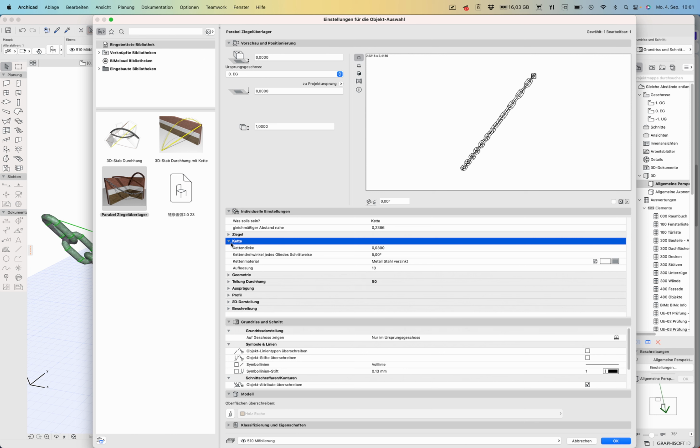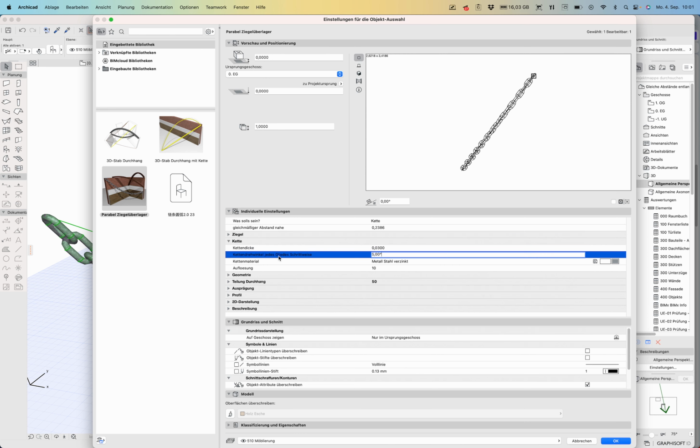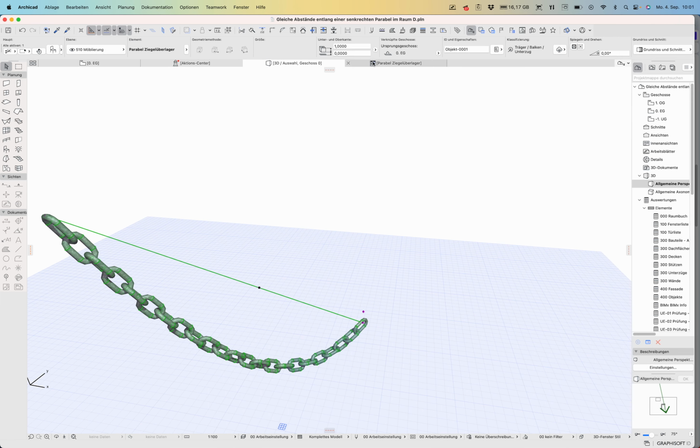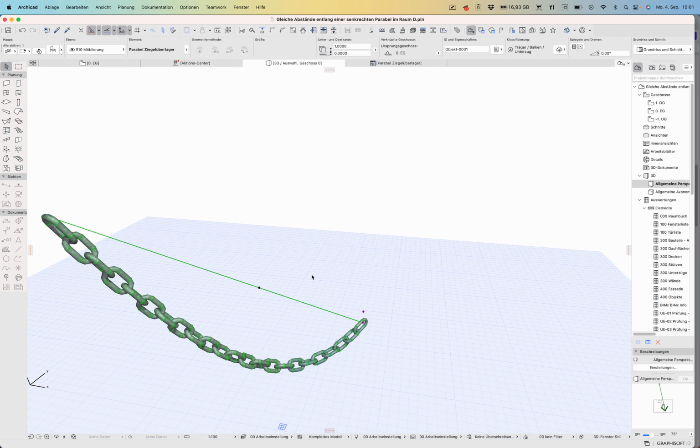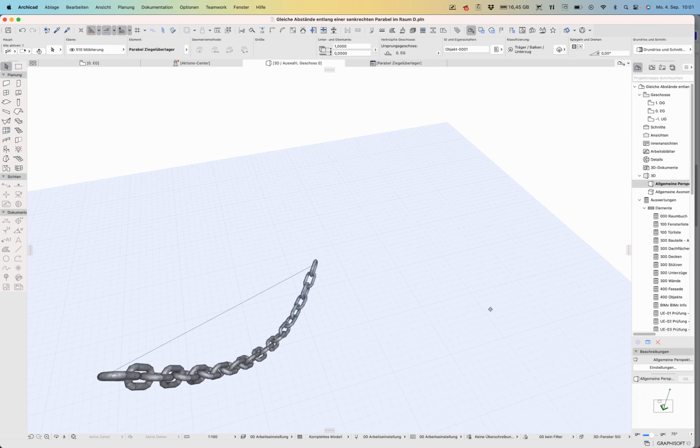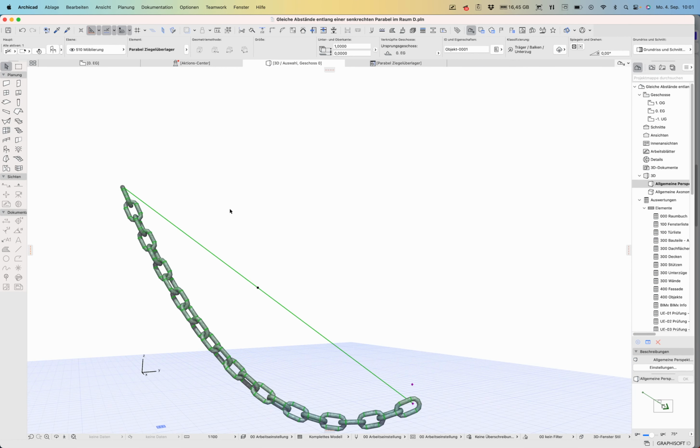If it's a chain, every little chain part is changing directions about 5 degrees or 10 degrees or 2 degrees. This is this one and this one. So it looks a little bit more natural, I think. So that's all for today.